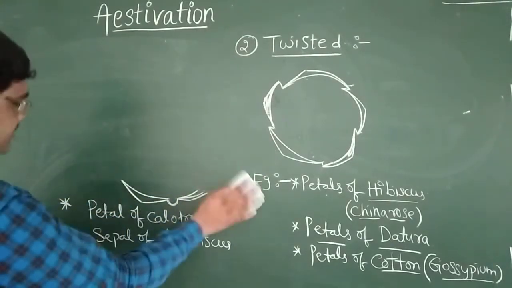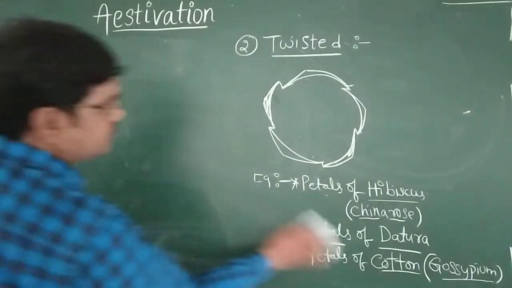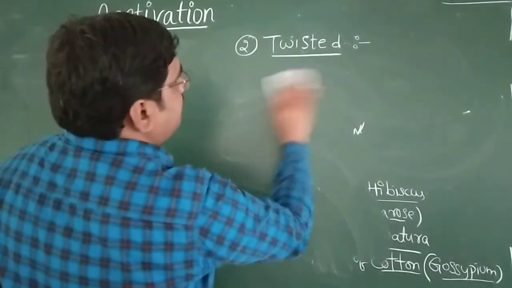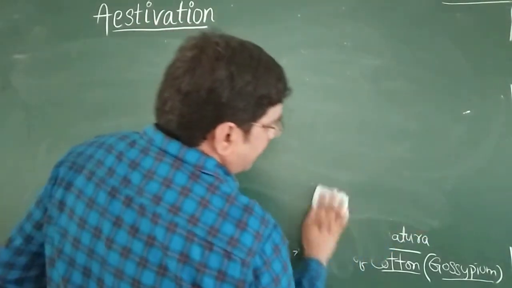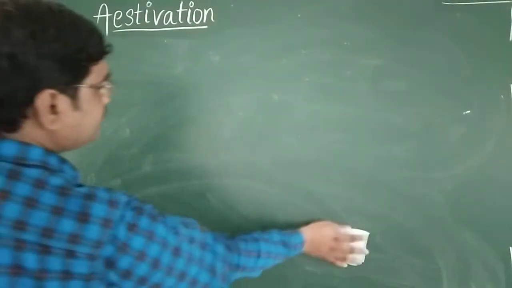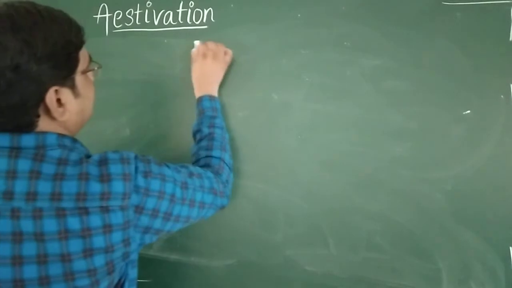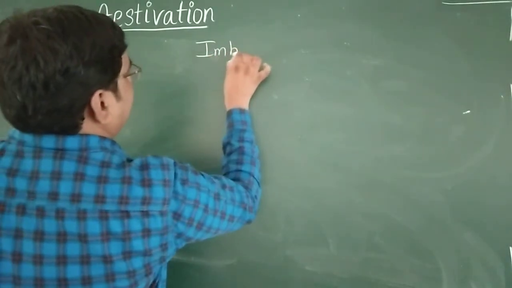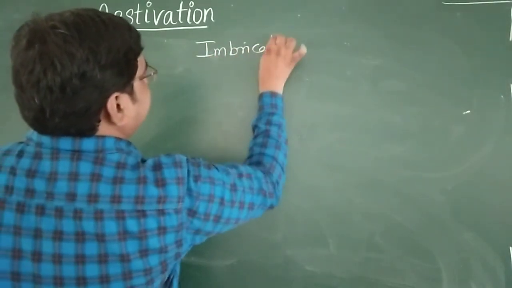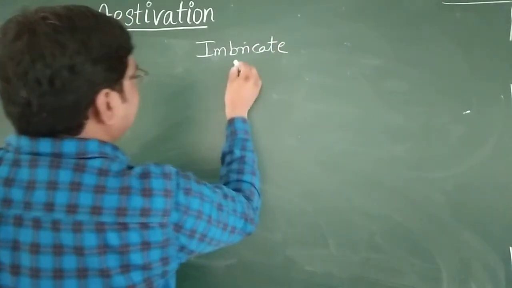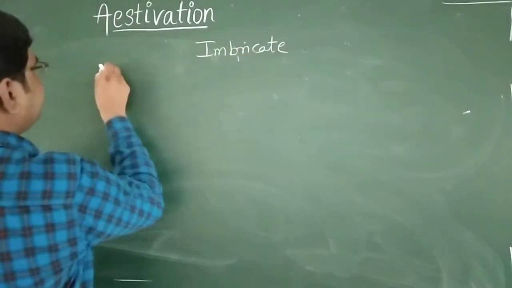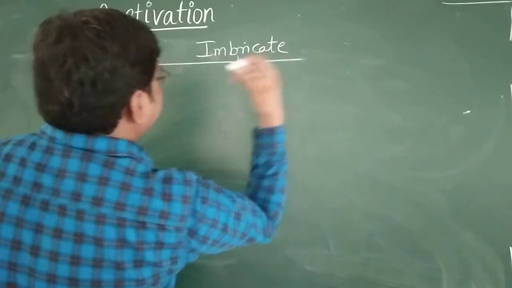Third type of estivation is called imbricate estivation. So in imbricate estivation there are two types.